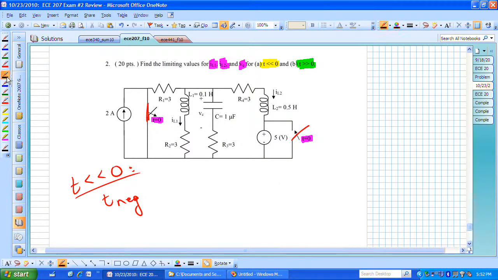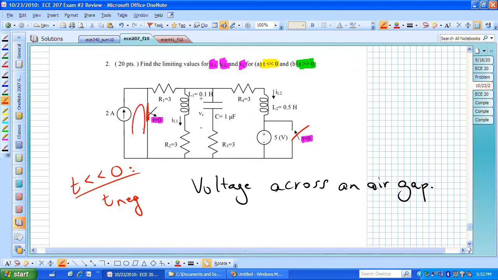When we're looking at the capacitor voltage, we can measure a voltage across an air gap, and that may be useful in finding the voltage dropped across a capacitor after it's reached steady state condition. In this particular circuit, this 2 amp is just going to flow there, and effectively this location is connected to the bottom node.